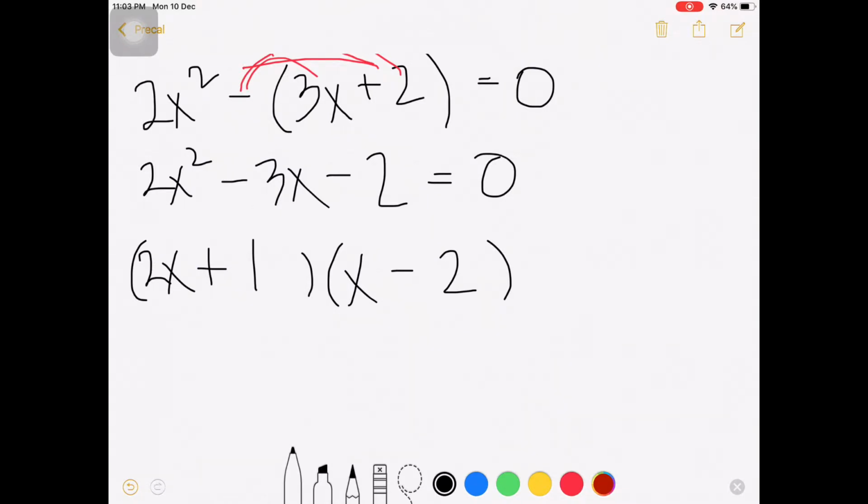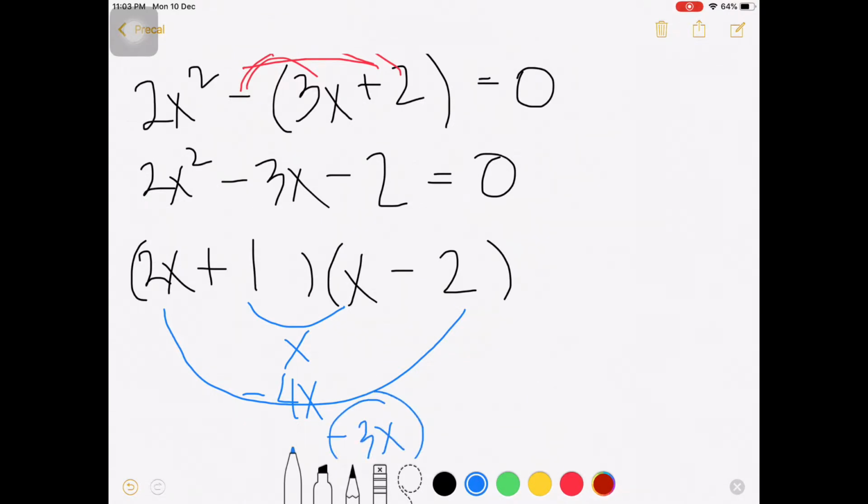So 2x plus 1 and then x minus 2 is the correct answer because when I multiply the inner terms, you will have x, and when I multiply the outer terms, we will have negative 4x. The answer will be negative 3x, which is the term here at the middle of the equation, meaning these factors are correct. Okay, understand?